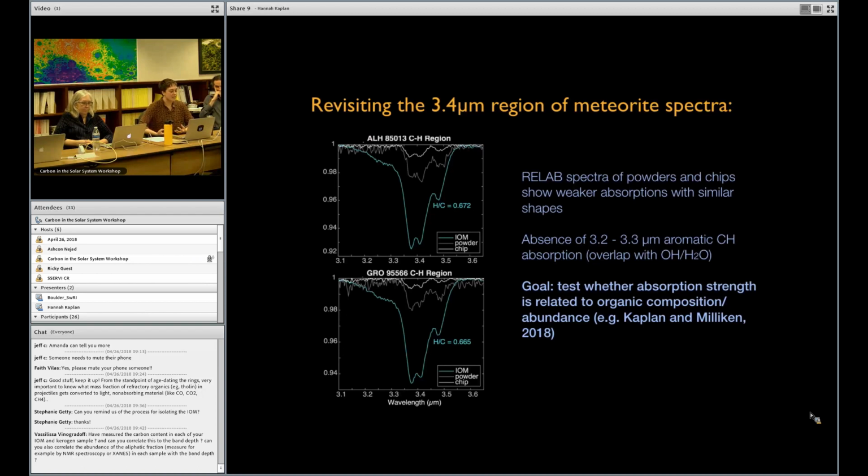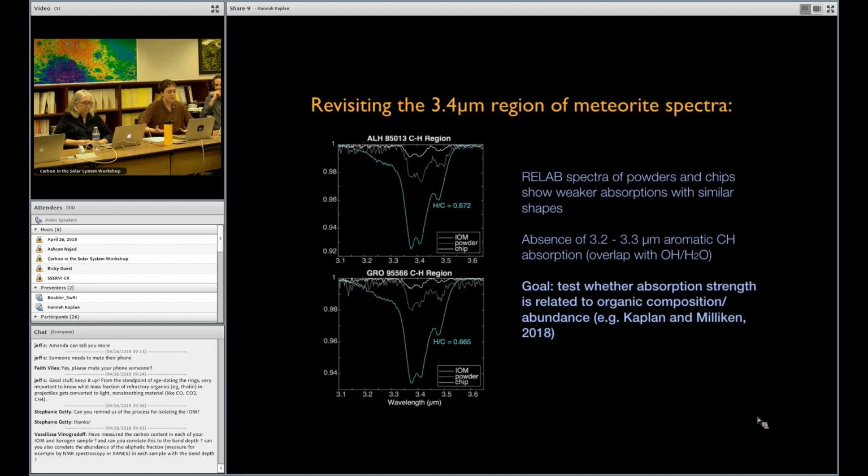But you can see that their spectral region retains a fairly similar shape, with the exception of this 3.3 micron shoulder. That's that aromatic region, which seems to completely disappear in the bulk meteorites.